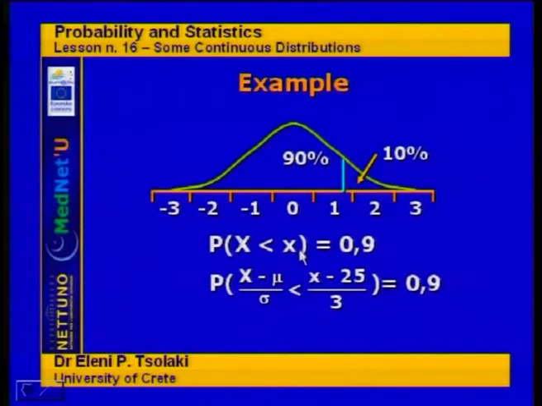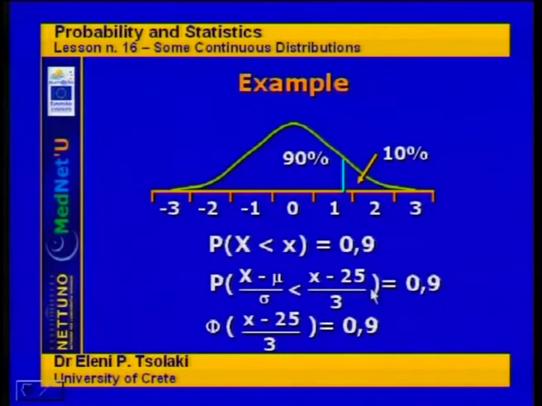And again, the same way, we would need to transform the random variable to a standard normal variable. So we take out the mean, divide by the standard deviation, and we have that this probability should be equal to 0.9.